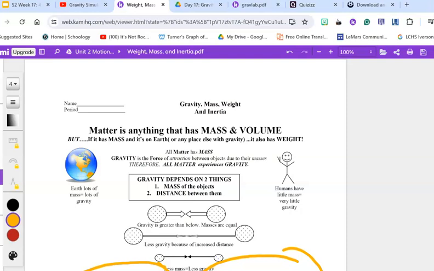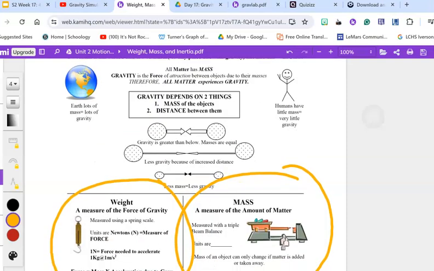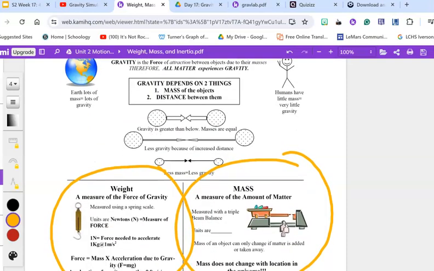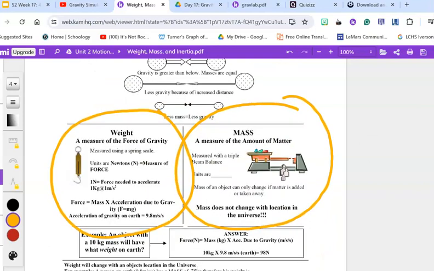Now, for those of you that have it out, yesterday we talked about weight and mass. Weight is the measure of the force of gravity, and mass is the amount of matter. If you're looking at your formula sheet, you should have the equation that's on the board. You should have weight as a gravitational force, and it's in newtons. You should have mass as the amount of matter, and it's in kilograms or grams.